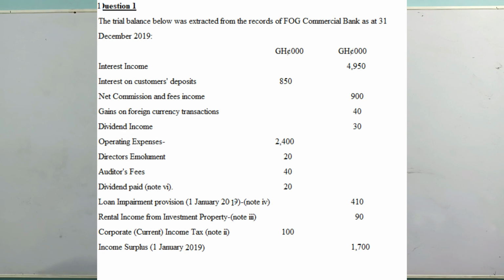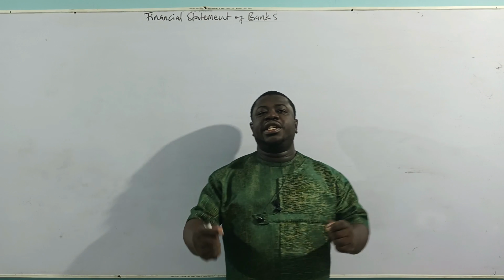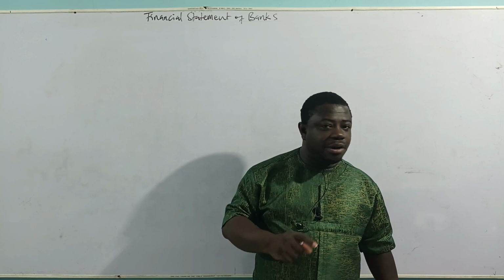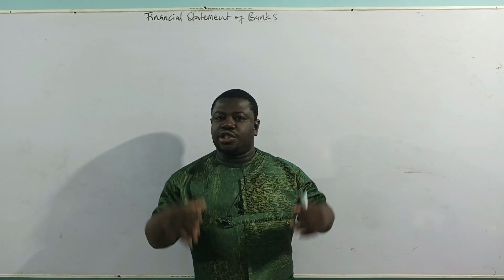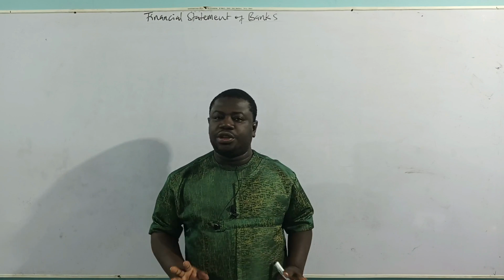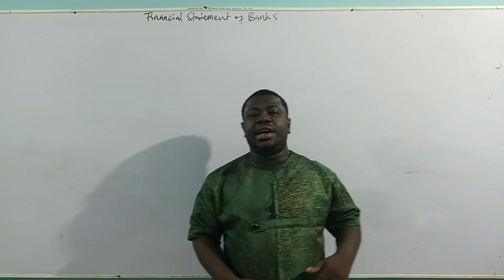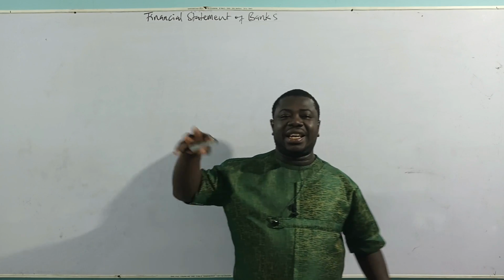Then there is rental income from investment property, which is note 3. You should go and read that, but the figure there is 90. So we have taken rental income from investment property. Now, this rental income is not income related to operations. Remember that there is operating income and there is other income.